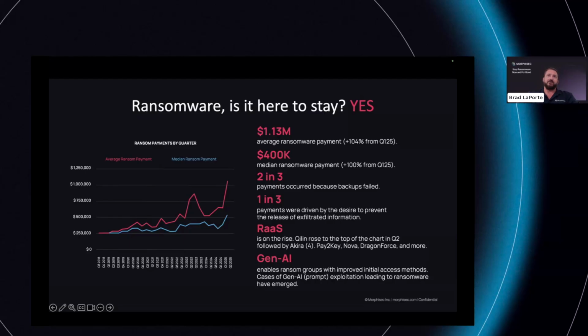Without further ado, I'd like to dive into the demo and show Joe what this is all about, and how easy it is now for threat actors to use this new attack vector. Yeah, great. Let me share my screen and we'll jump into it.